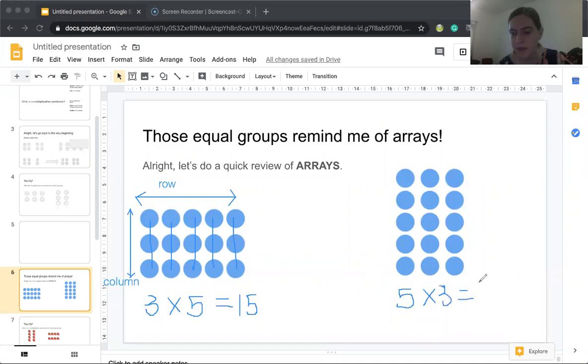Now 5 times 3 is still 15. So you'll notice with these arrays that if I just turn it on its side, I just lay it a different way, these 2 numbers, the factors, switch spots, because now I've got 5 rows and 3 columns.